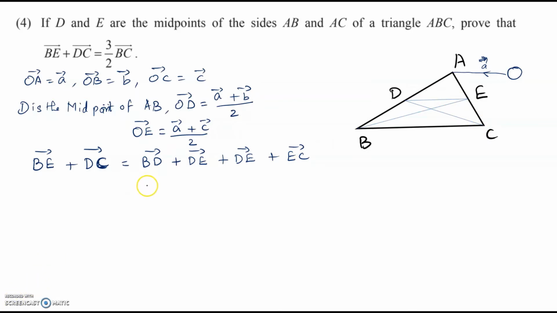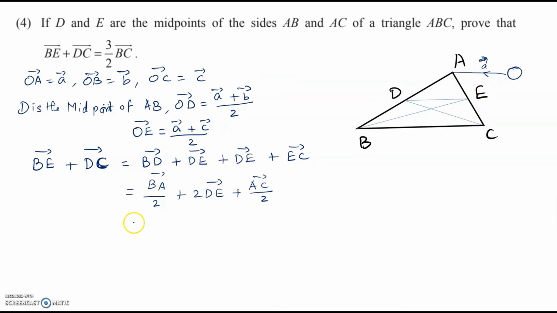And further, vector BD, which is this vector here, can be defined as half of BA vector, because D is the midpoint of BA. So we can write BD as BA vector by 2. We have DE plus DE, so that is 2DE vector, plus we can write our EC vector as half of AC vector, AC vector by 2, because E is the midpoint, so EC is half of AC.